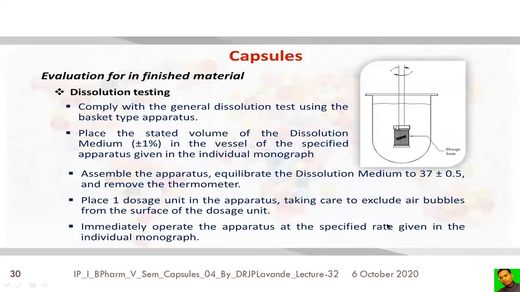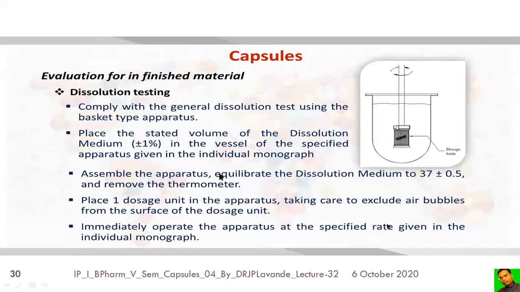Dissolution testing. It should comply with the general dissolution test using basket type of apparatus. So the basket type apparatus is used for the capsule; the paddle should not be used. This should be noted here. Place the stated volume of the dissolution medium plus or minus 1% in the vessel of the specified apparatus given in the individual monograph.